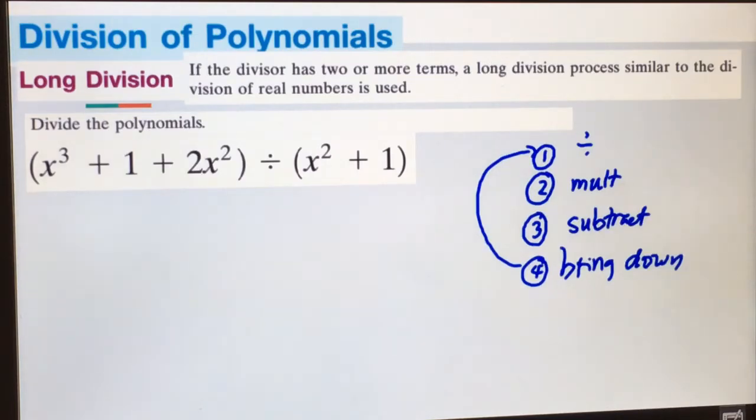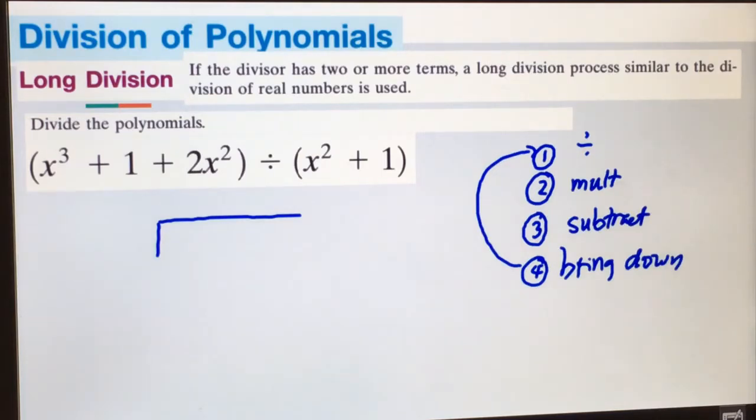So what I need to do here first is to write that in the long division algorithm format, where we write x cubed plus 1 plus 2x squared inside the division symbol, but making sure that it is in standard form.